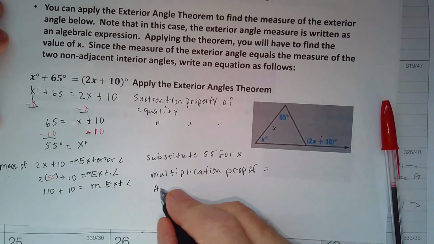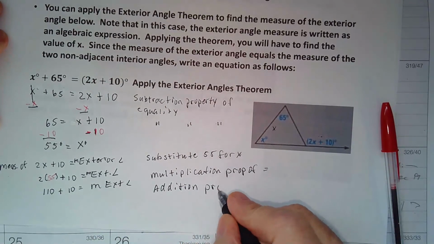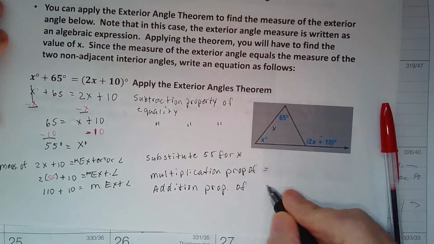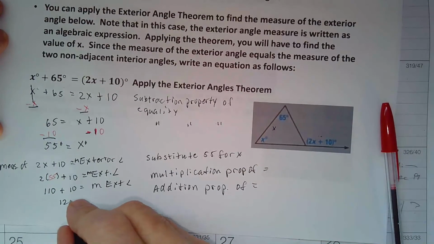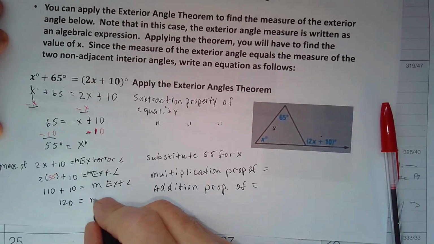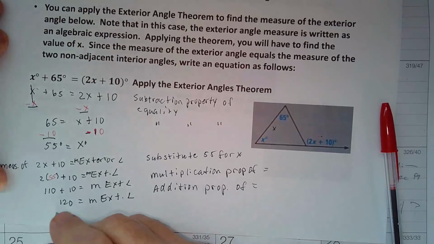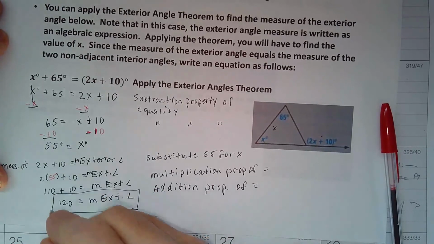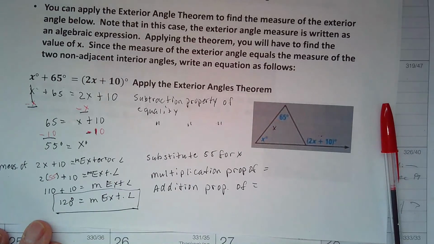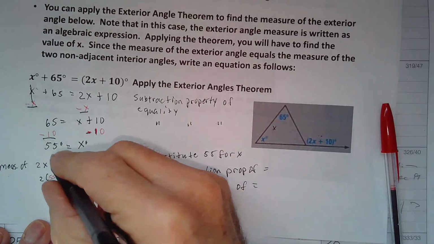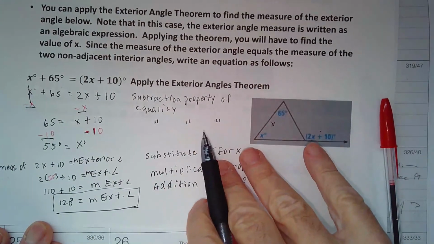So addition property of equality. So 110 plus 10 is 120 equals the measure of the exterior angle. Okay, so 120 degrees equals the measure of the exterior angle, and so we found it by first solving for x.